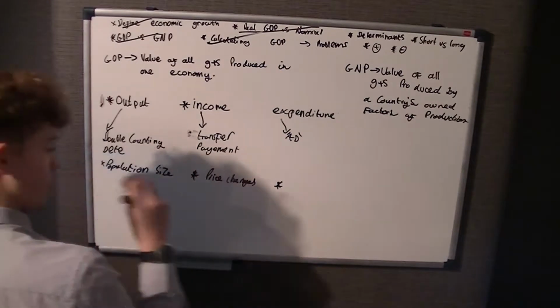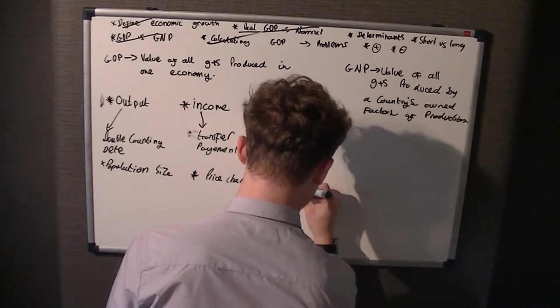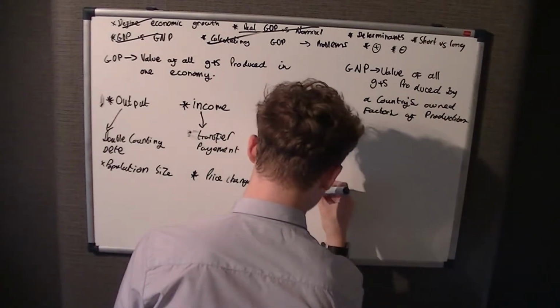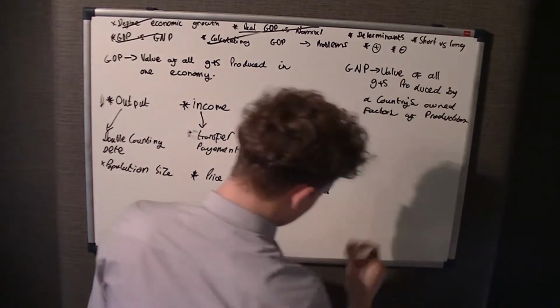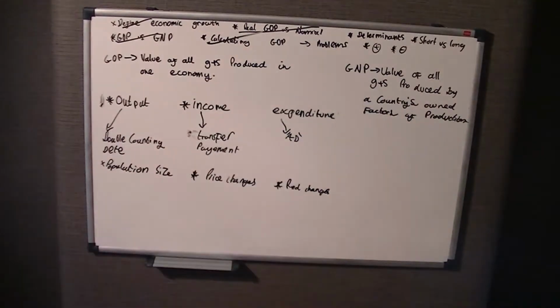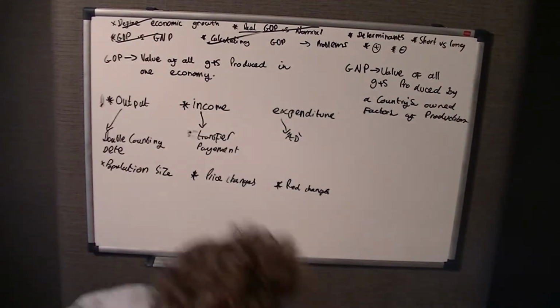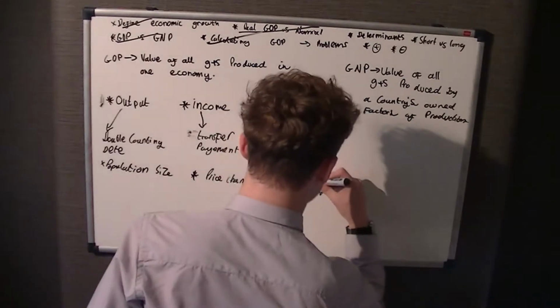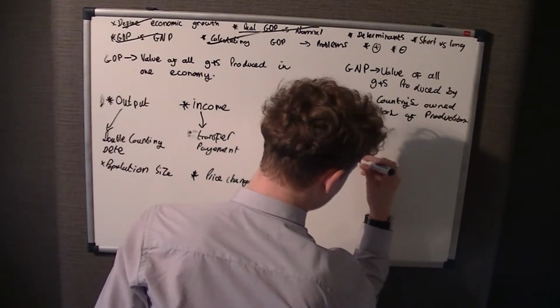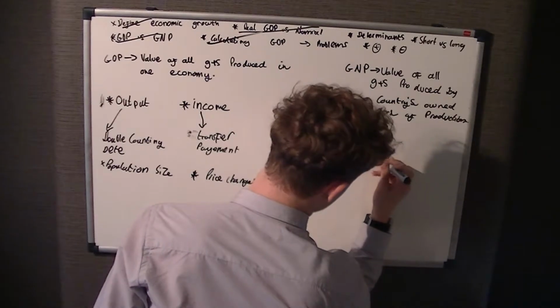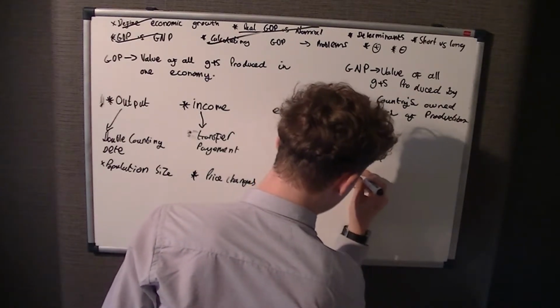And then we have real GDP problems, or real changes. And this is caused by something called underground economies.